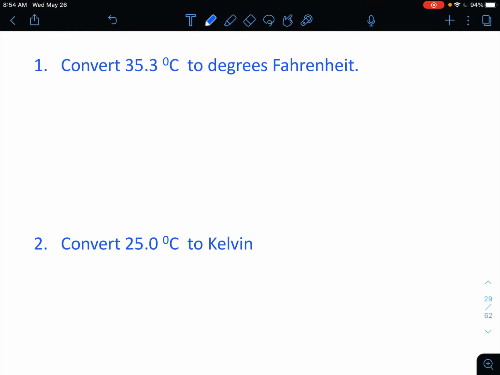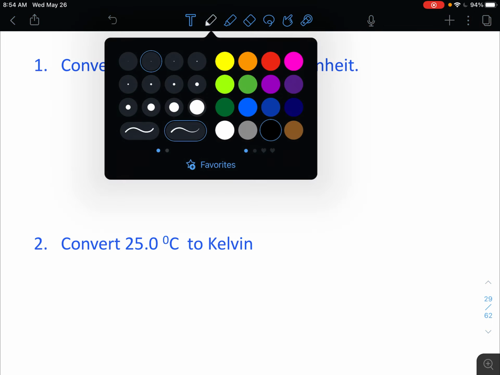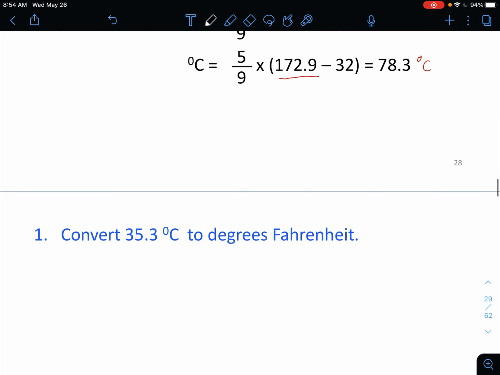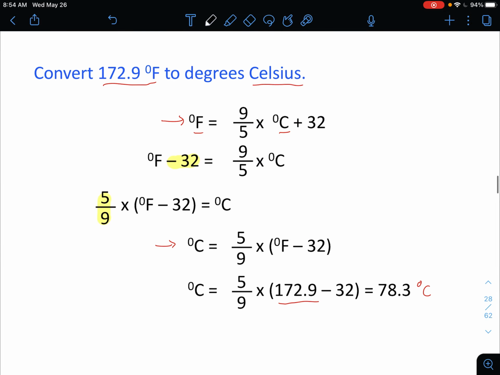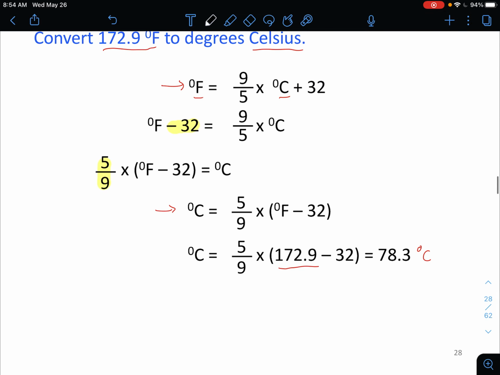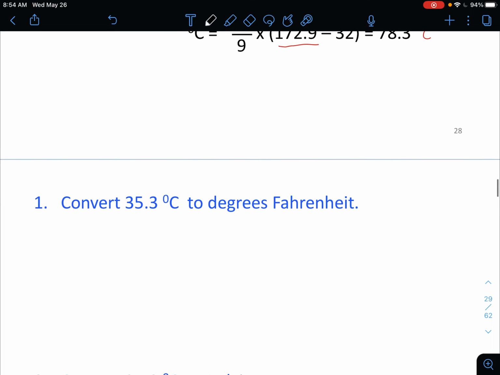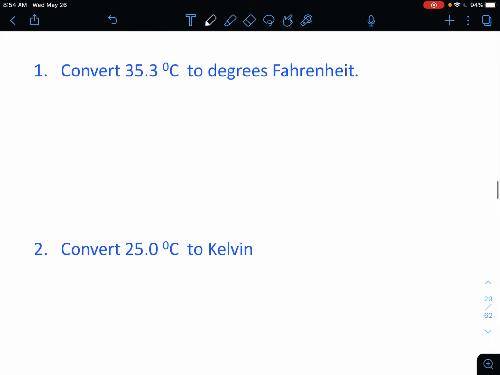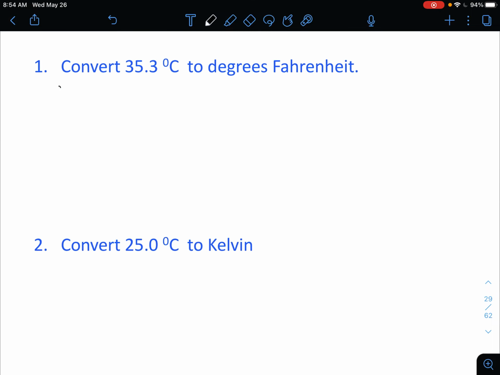Okay, so the first one here, I've got the opposite of what was in the previous one, right? In the previous one, I had Fahrenheit and I wanted Celsius. Now I have Celsius and I want Fahrenheit. So we know degrees Fahrenheit is 9/5 times degrees Celsius plus 32. Let's just say 32.0. So I have what I need to do that, right?